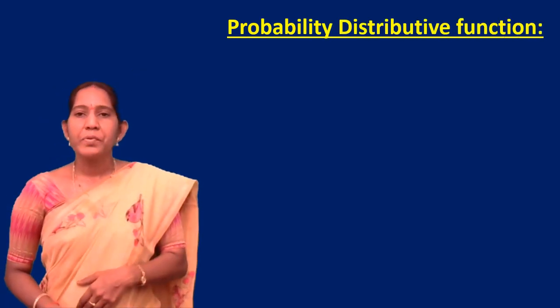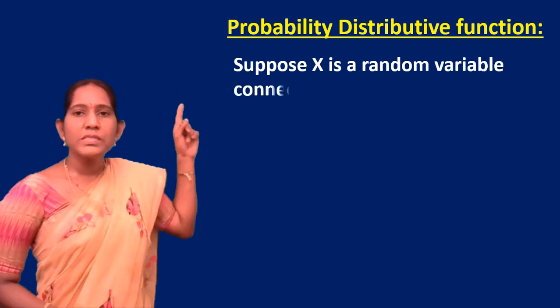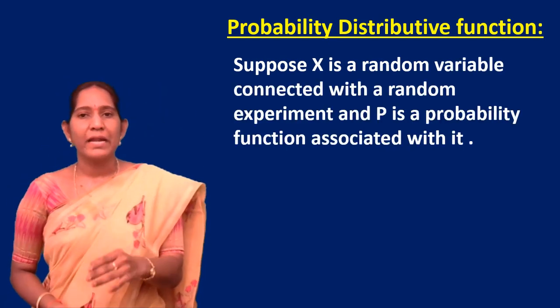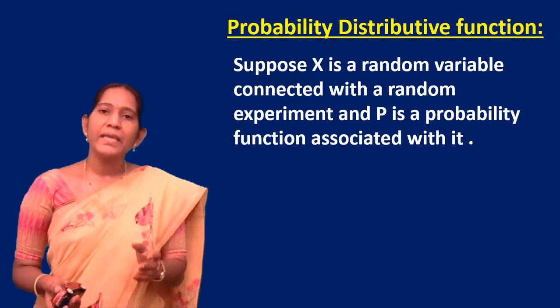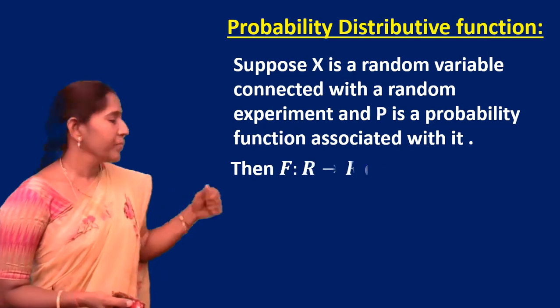Now, see probability distribution function. Suppose X is a random variable connected with a random experiment and P is a probability function associated with it.